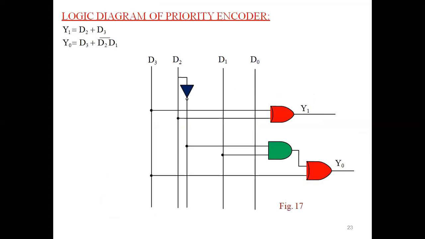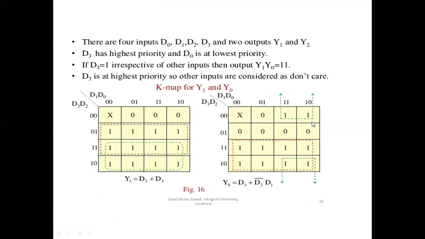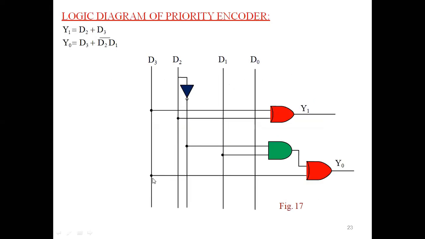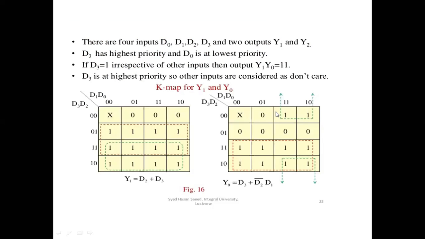So this is the diagram. Here I draw y1 and y0. y1 is nothing but D2 plus D3, and y0 is equal to D3 plus D2 complement into D1.